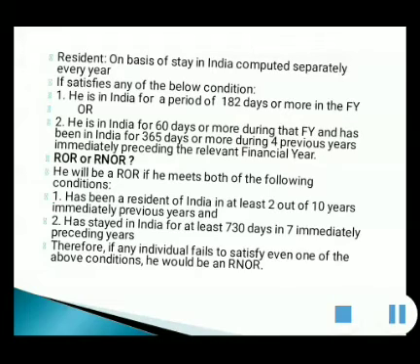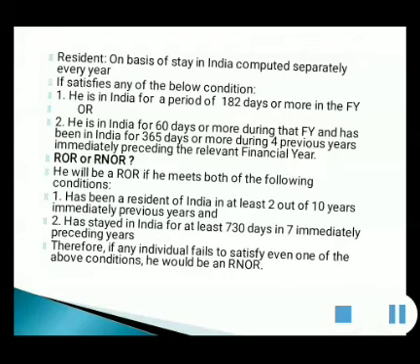He will be a resident and ordinarily resident. I have represented it by R or R, don't be confused with that term. So who is a resident and ordinarily resident?